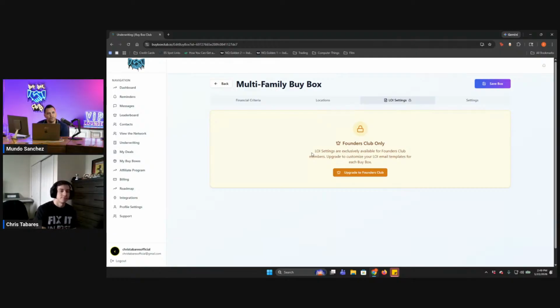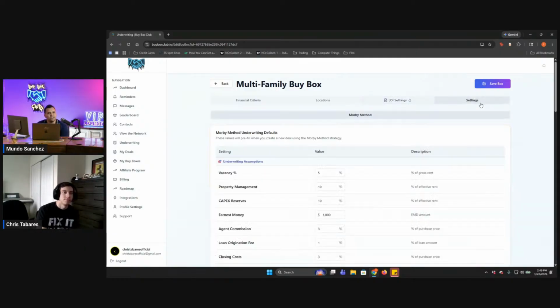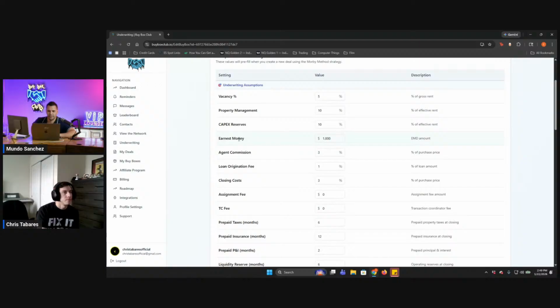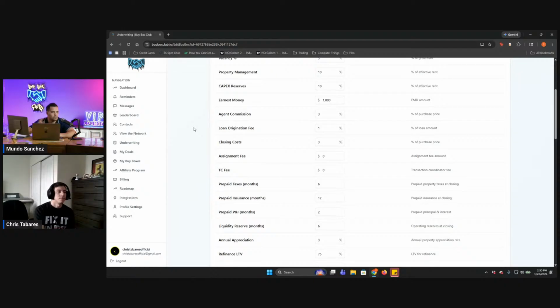And then if you go over to the settings, this will be your default parameters. This is helpful because if you're underwriting a lot of deals, you don't want to have to start over every time and completely put in all the percentages. Having that is helpful because it'll just auto populate.